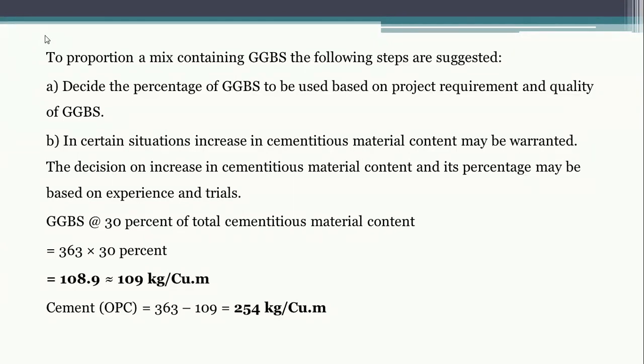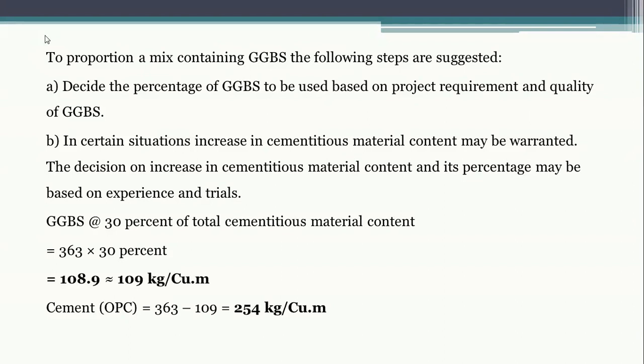Here we have to decide the percentage of GGBS to be used, that is, the percentage of replacement of cement. That has to be decided prior to doing the mix proportion.